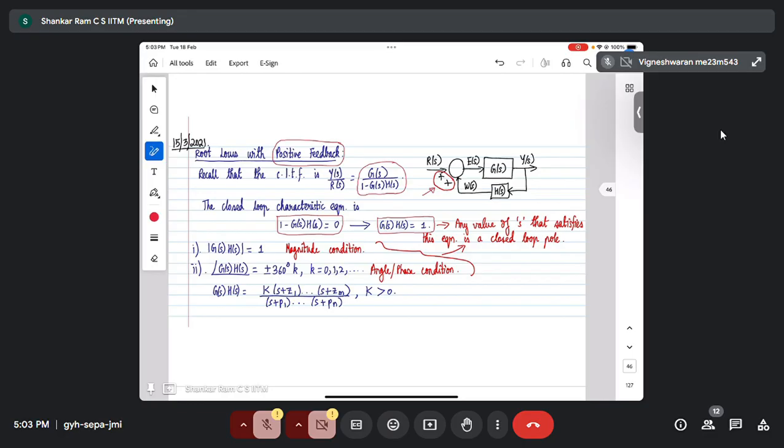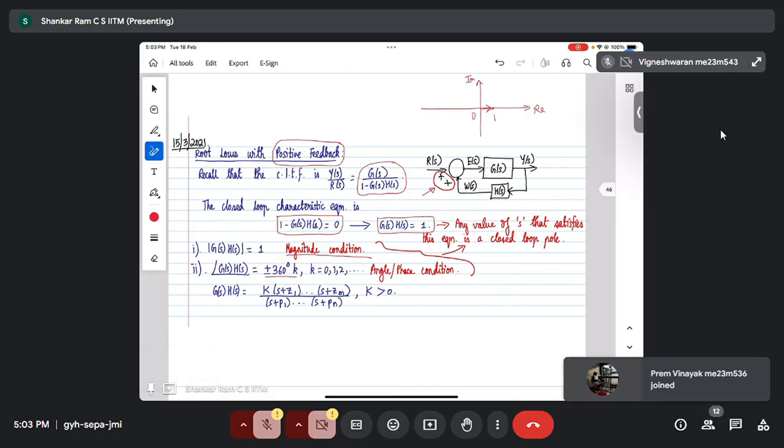Once again, this gives rise to two conditions. The magnitude condition remains the same, that is, the magnitude of G(s)H(s) should be 1. But now the phase condition changes, because if you look at the complex plane, the point plus 1, if I draw a vector from the origin to the point plus 1, the angle is 0 degrees, or I can take it to be a multiple of 360 degrees, depending on how we perceive it.